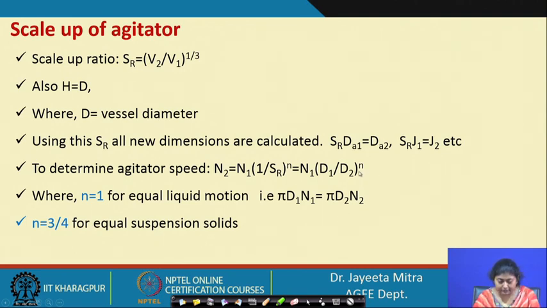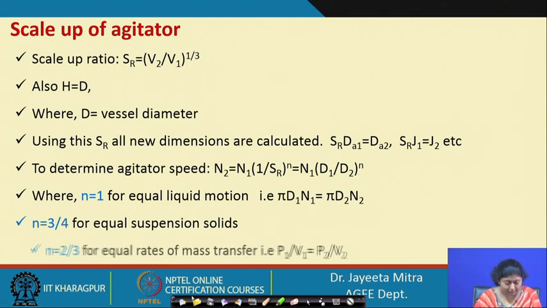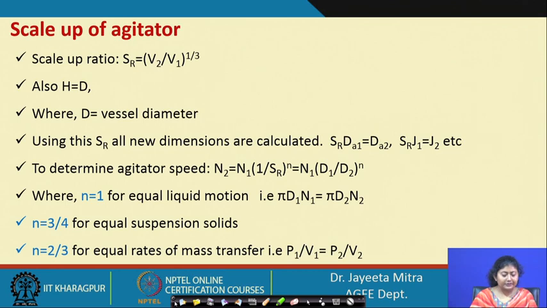This factor n will be 3 by 4 for equal suspension of solid, and n will be equal to 2 by 3 for equal rates of mass transfer, that is P1 by V1 equal to P2 by V2.